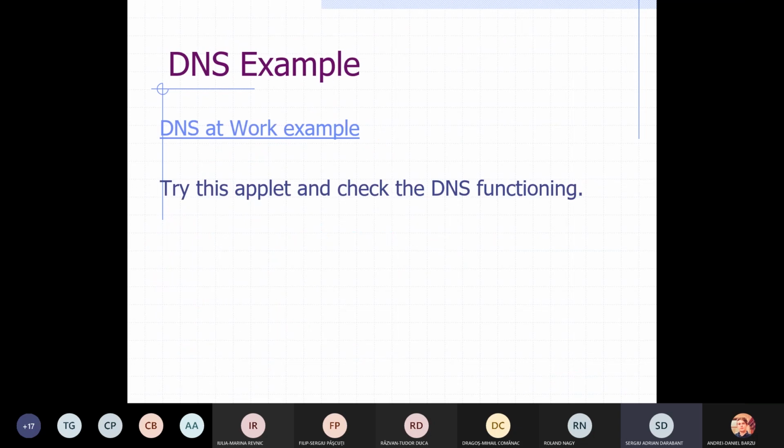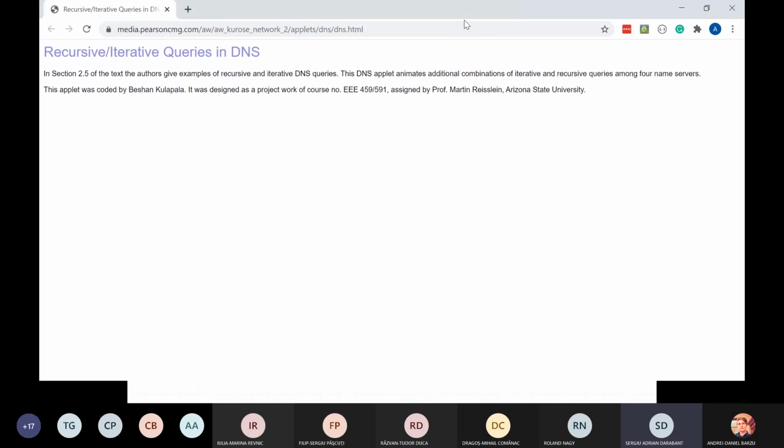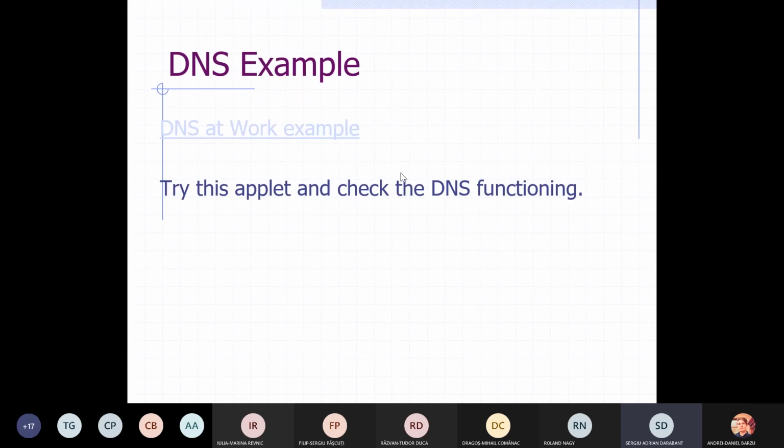There is an example applet, not sure it's working anymore. Yeah, I don't think it's working. There was an example applet that would show you how this is working, but I probably don't have Java installed. You have the link in the lecture, and you can click on it.